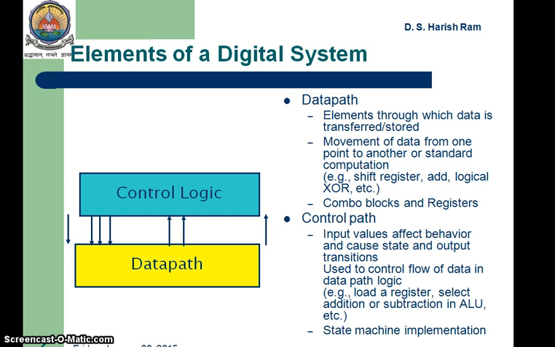So typically data path elements will consist of components like registers, shift registers, ALU and so forth, whereas control path elements will typically consist of state machines and the associated logic which are required for supporting these state machines.